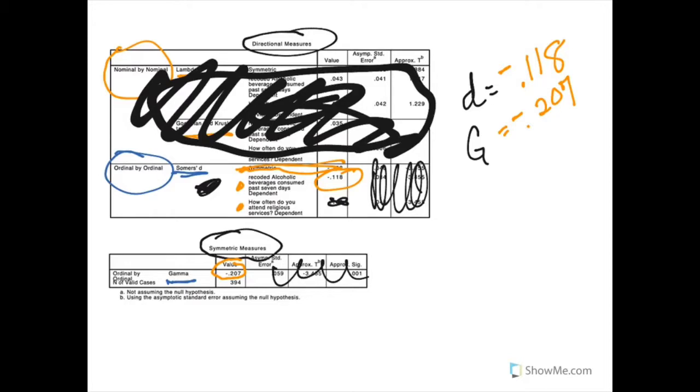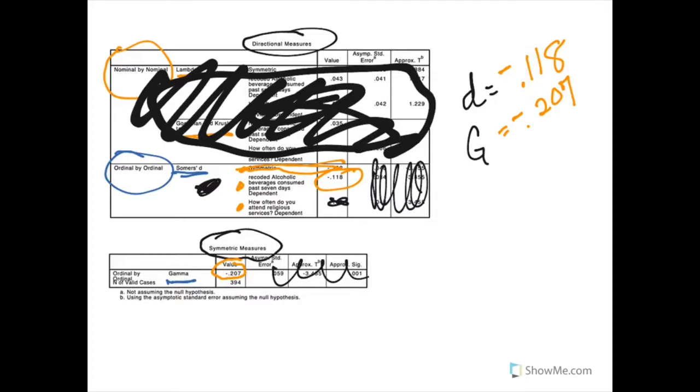Now, the first thing is you can ignore the negative sign. Technically, it gives us the direction of the association if we have ordinal variables, but that always tends to really confuse students, and if I'm not there in person to correct it, then it gets even more frustrating.